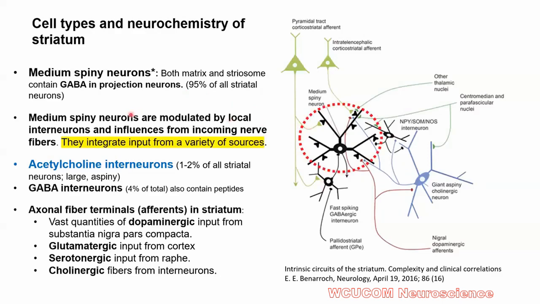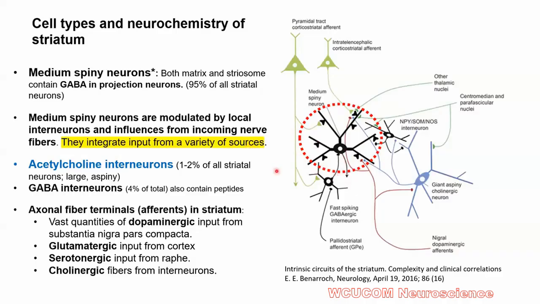These medium spiny neurons are modulated by local interneurons, and of course they receive afferents from far distant sources, so that they indeed integrate input from a variety of sources. Understand that the medium spiny neurons are projection neurons.